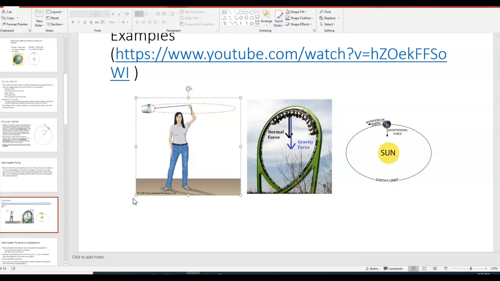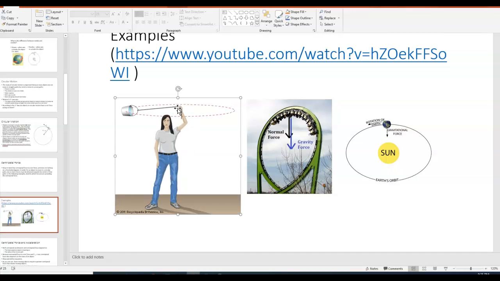Here we have a girl spinning a bucket of water around on a string. If you were to draw a free body diagram for this bucket, you'd have the force of gravity, and because there's a string, you have tension. Notice that only one of those forces is towards the center of the circle.